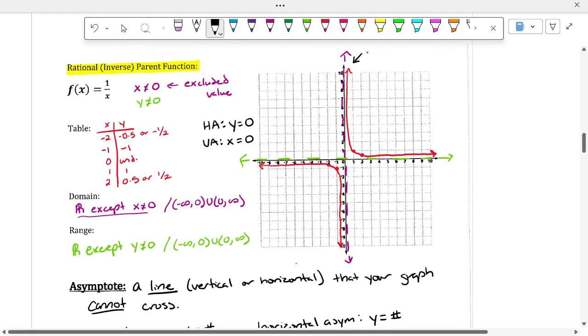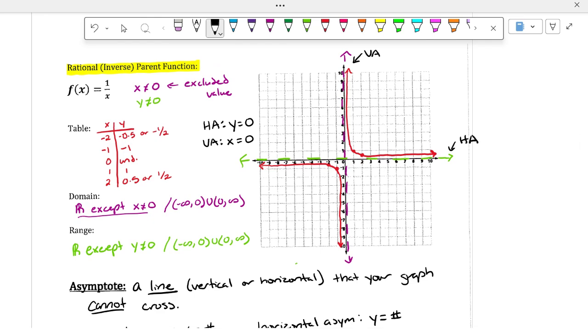So this is your vertical asymptote, the purple line. This green line's your horizontal asymptote. And again, it's just the x and y values that typically are undefined in the function. And your graph physically will never cross that line.